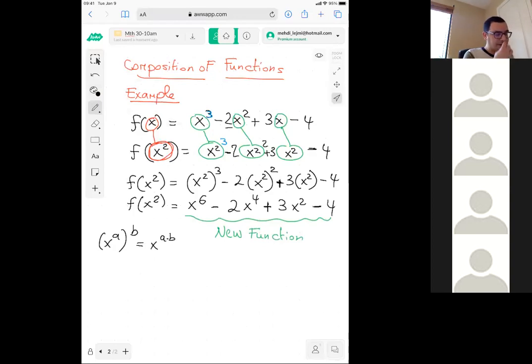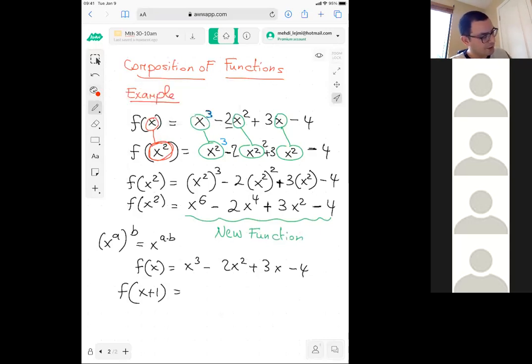So what I'm saying, guys, is that you can replace the x by anything. So for example, instead of x squared, let me write again f of x. So we have f of x, x cubed minus 2x squared plus 3x minus 4. I can replace this x by, let's say, x plus 1. So anytime you have x, you're going to replace it by x plus 1.